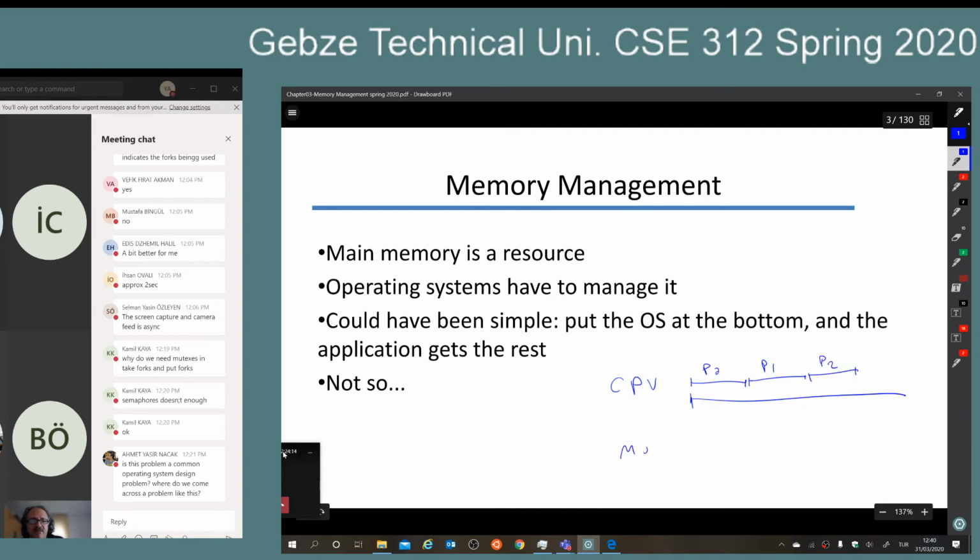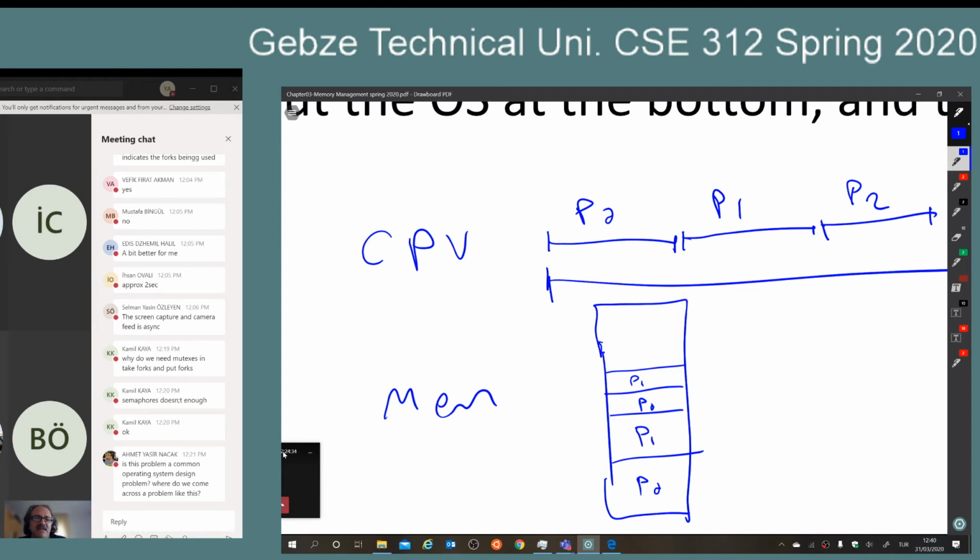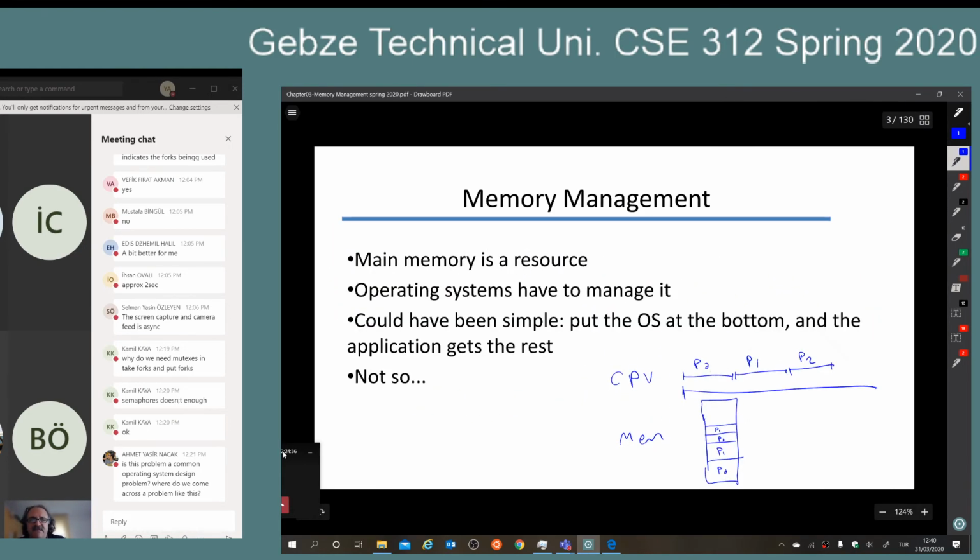But with my memory, it's like this, one long linear space. This is P0, this is P1, maybe this one is P0 too. Sometimes I do that. So space-wise I do the multiplexing, and I need to manage this using appropriate routines.